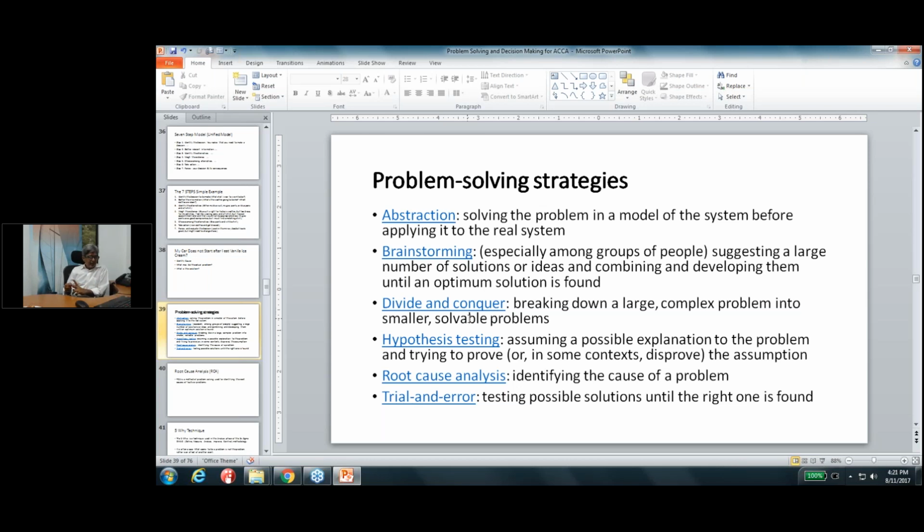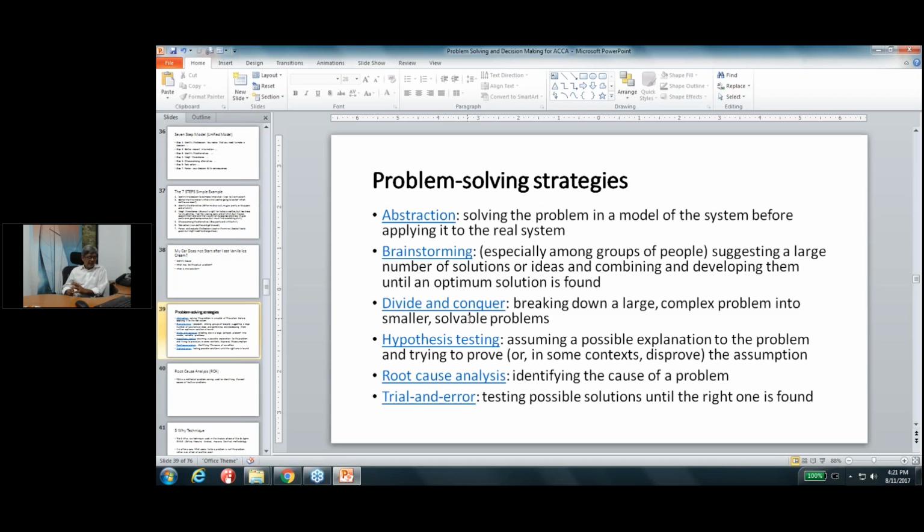Then we have hypothesis testing. We build a model, we build a hypothesis. A hypothesis is actually the solution, and we try to provide the explanation to answer whether it is valid or wrong. Then another strategy is root cause analysis, and we will discuss this.